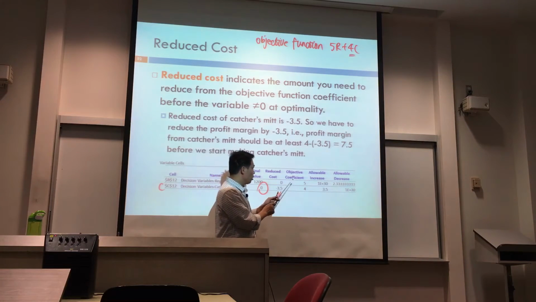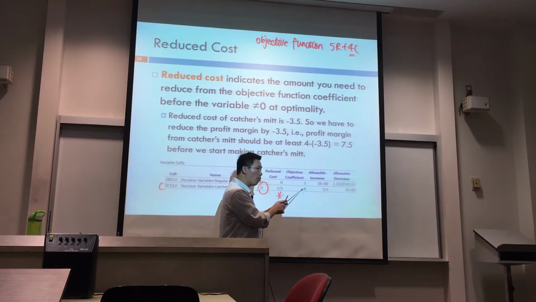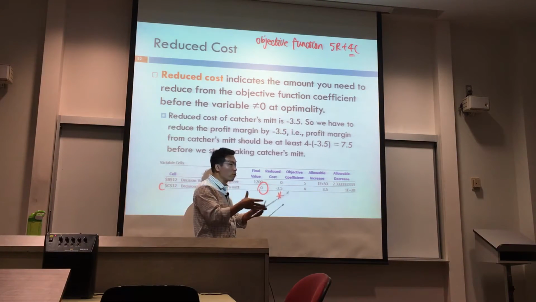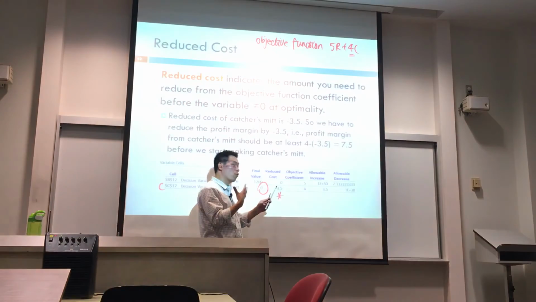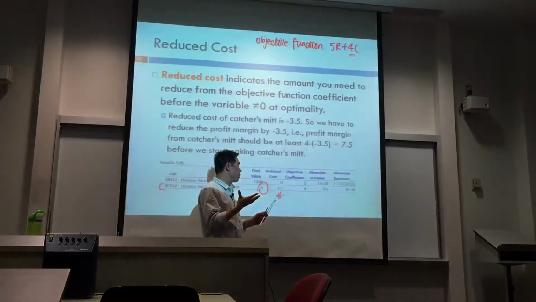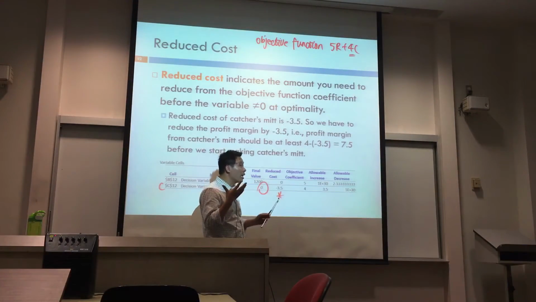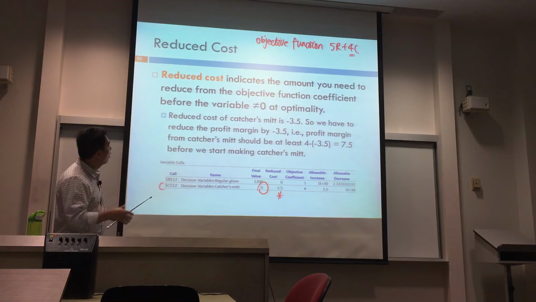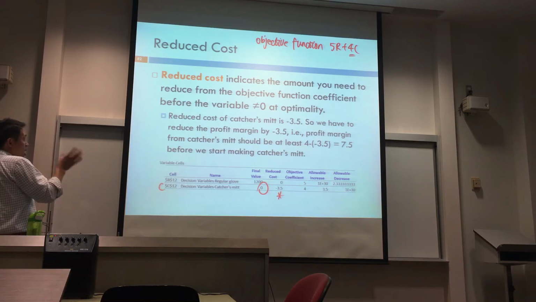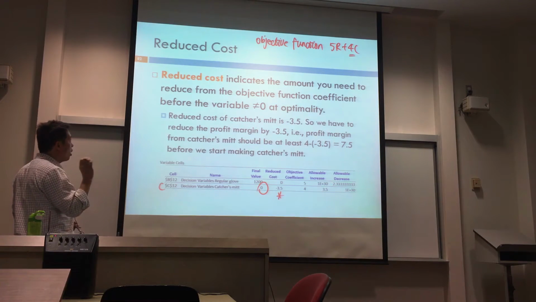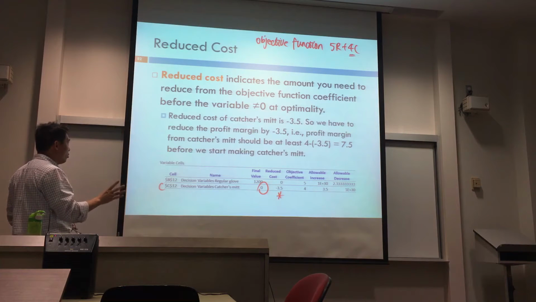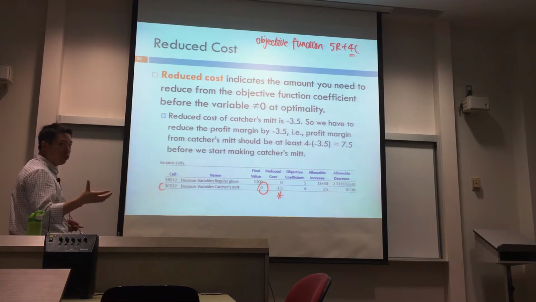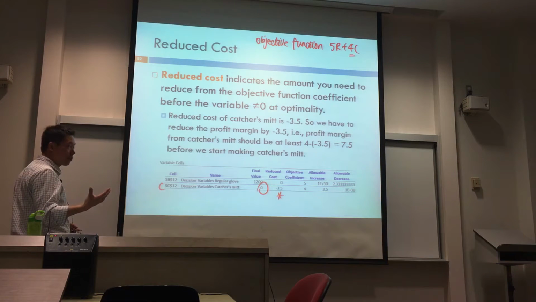Okay? So if you reduce 4 by minus 3.5, you're actually saying that if you increase this 4 by 3.5, okay? So this is a very strange name. It's called reduced cost, okay? So reduced cost indicates the amount you have to reduce from the coefficient before the variable becomes non-zero at optimality.